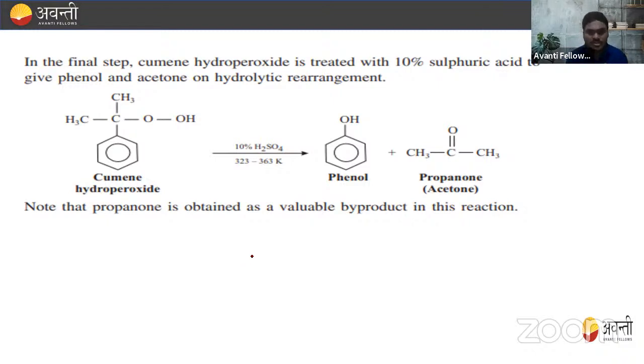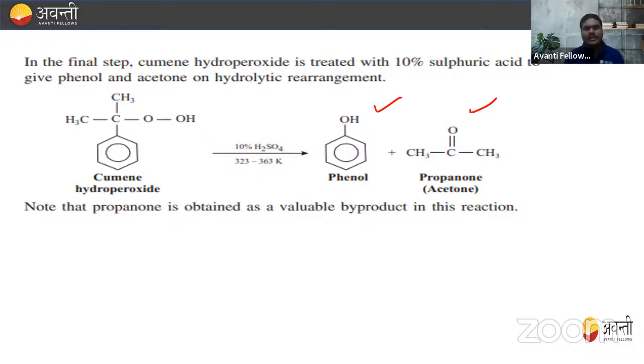So when this cumene hydroperoxide is treated with 10% H2SO4, phenol and acetone will be formed. Note this: acetone is obtained as a valuable byproduct in this reaction. That's why this is the preferable method for the preparation of phenol, because with phenol we also get acetone, right?